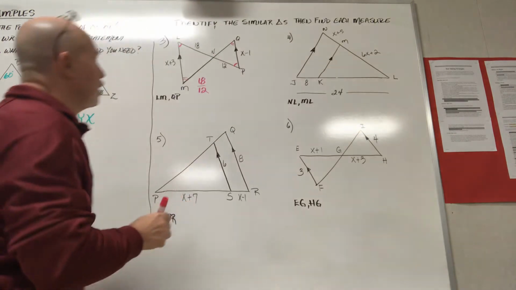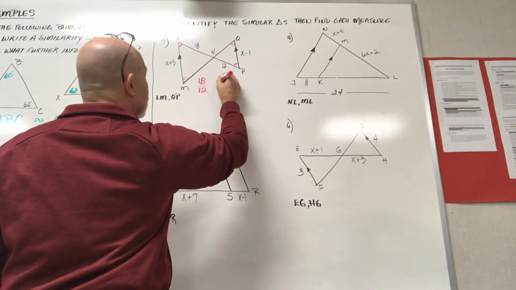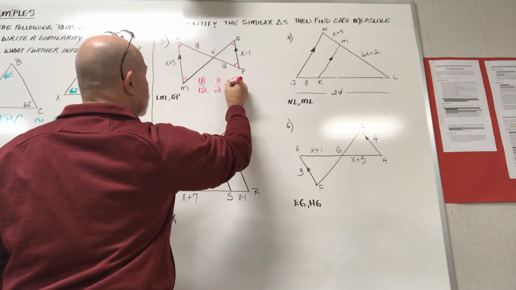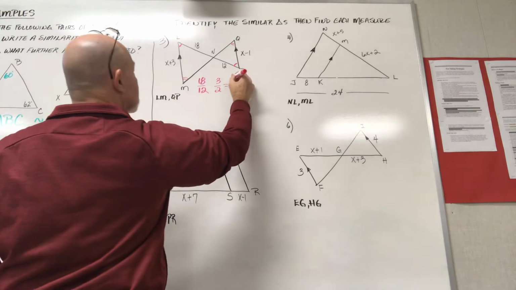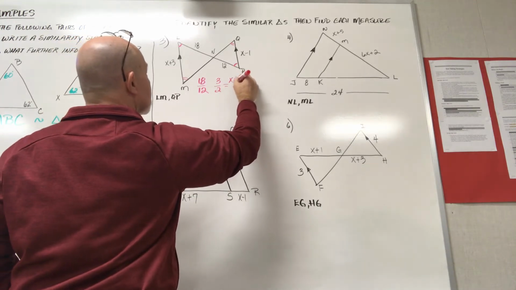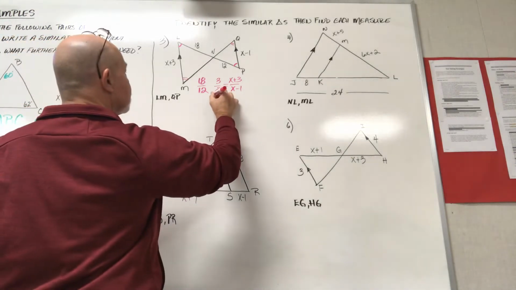So here we go. 6 is the common factor. So 3 over 2, I went to this, so I've got to go this to this. Cross multiply.